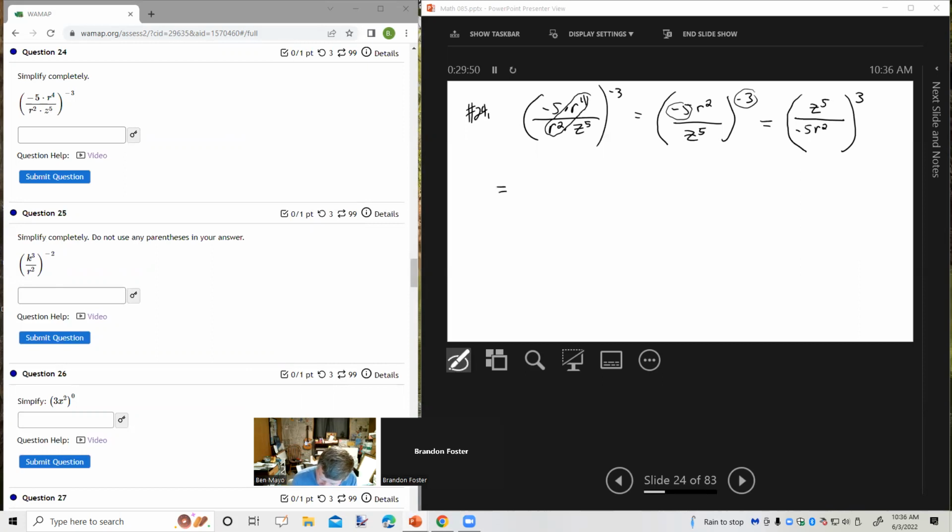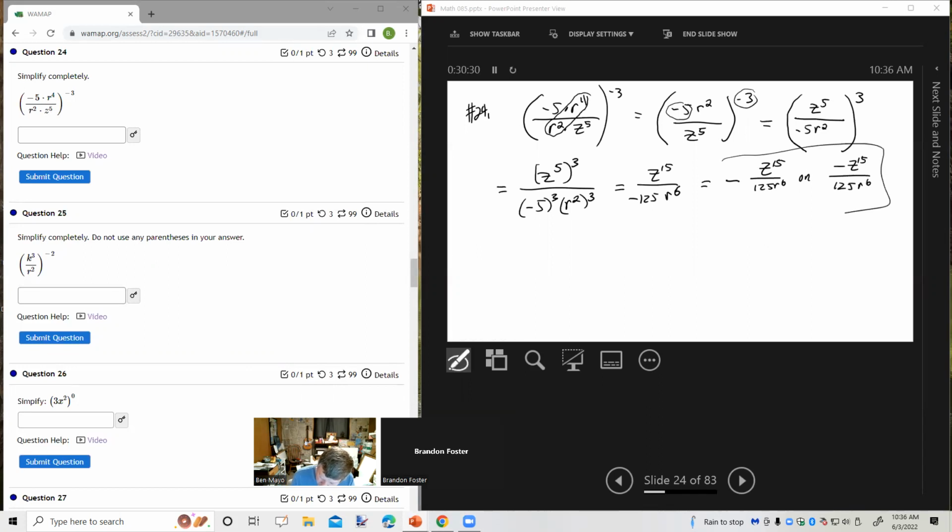So now I'm going to take the outside 3 and apply it to z to the 5th cubed over -5 cubed times r squared cubed. Now I get z to the 15th power over -125 r to the 6th. Now, typically, you don't leave a negative sign in the denominator, so you would either apply it out in front or apply it to the numerator.